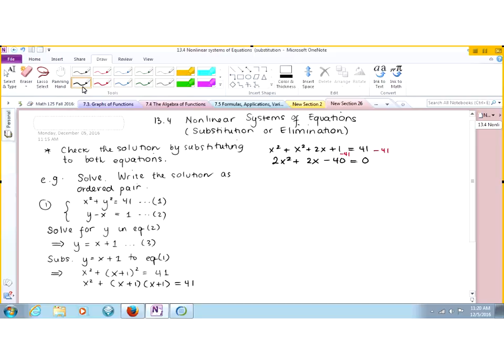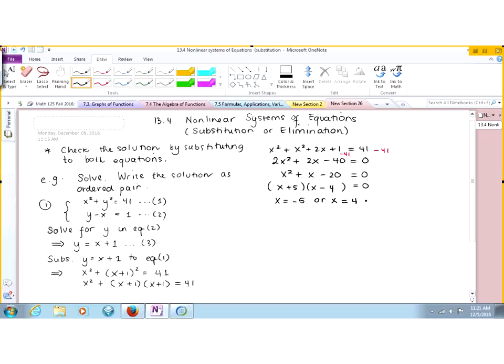Okay, what next? Divide by 2, so we have x squared plus x minus 20 is equal to 0. Can we factor it? (x plus 5)(x minus 4) is 0. So x is negative 5 or x is 4.